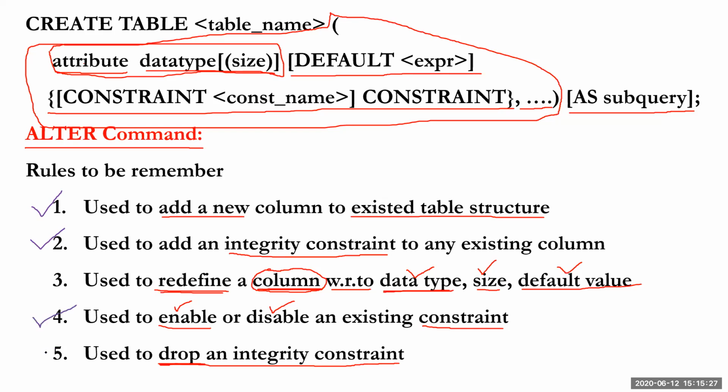And dropping any integrity constraint is also straightforward. Straightforward means you need not take any precautionary measures while you operate these four operations.